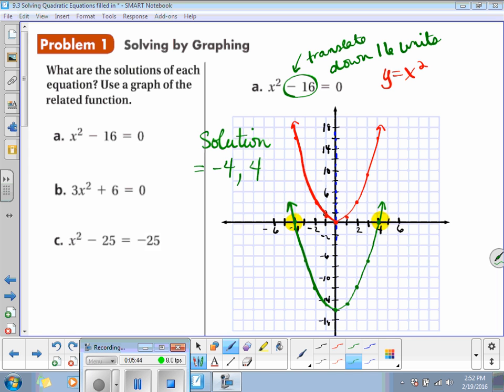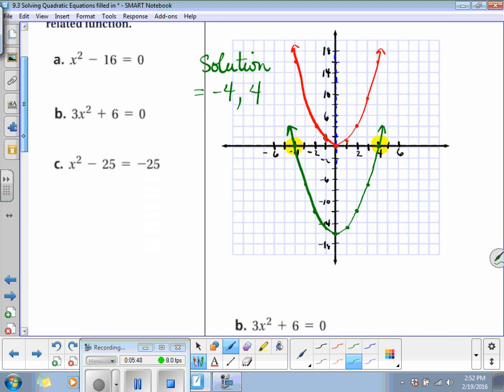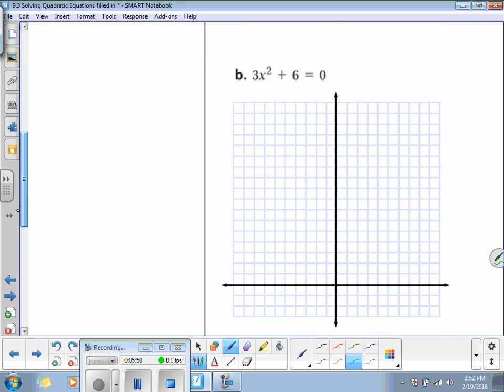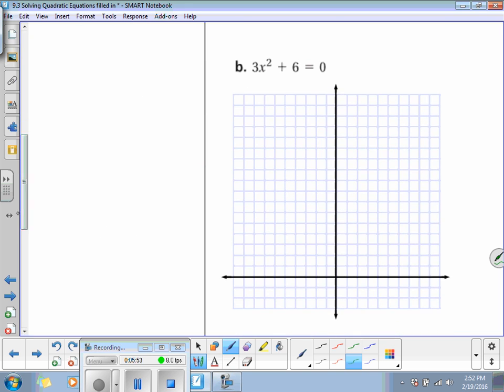Okay, so let's do the next one, the 3x squared plus 6 equals 0. Let's do that one with that method. Okay, so 3x squared plus 6 equals 0. Is that standard form? No, what are we missing? We're missing the middle term, which is the bx, right?